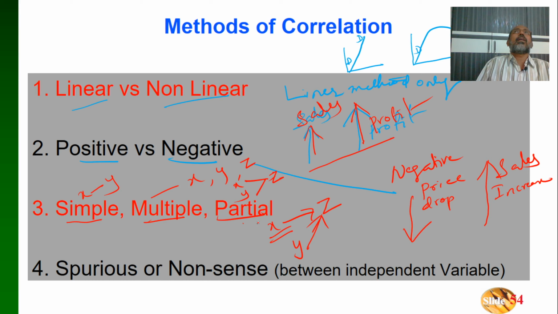Partial means half or a part of the total. Then coming to what is spurious and non-spurious, nonsense correlation. Spurious or nonsense correlation means linking unrelated variables.